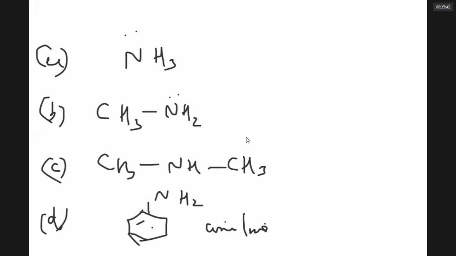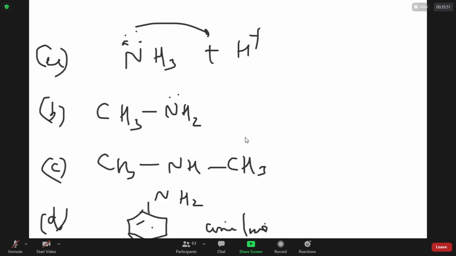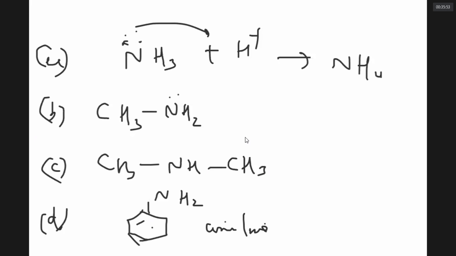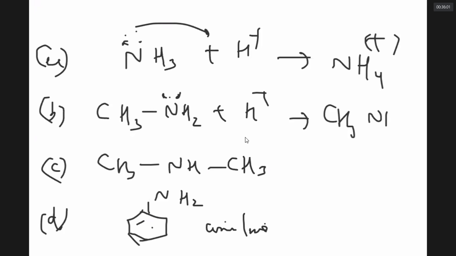We said the base is one which can take H plus. It can take H plus only if it can release the electron pair. It has a lone pair that is donating to H plus.